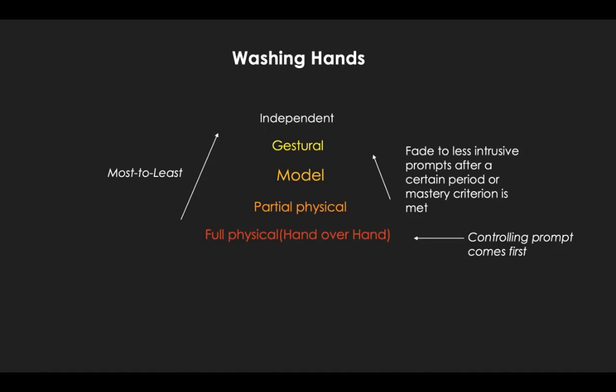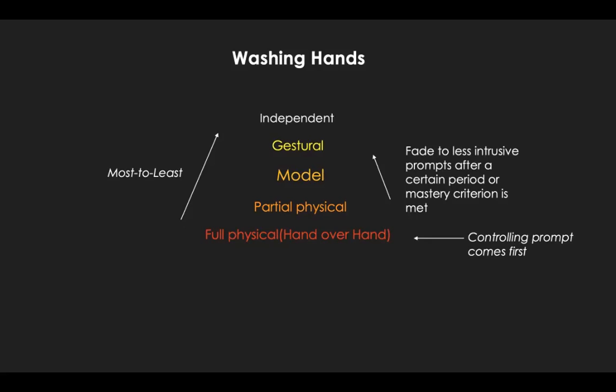Another example could be using that controlling prompt for the first week of teaching a new skill. And then the next week, you attempt to fade it out. And again, if an error is made, then you go back and you teach the most intrusive prompt again.